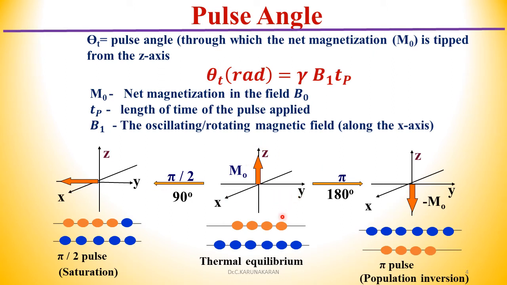The net magnetization is shown here, in the previous slide. It is in the Z direction.